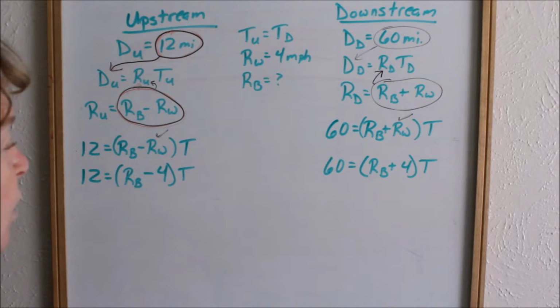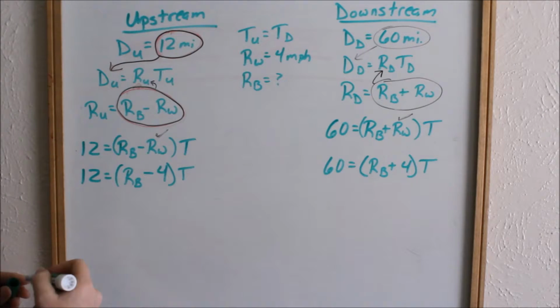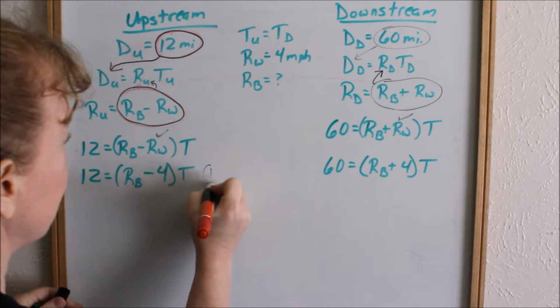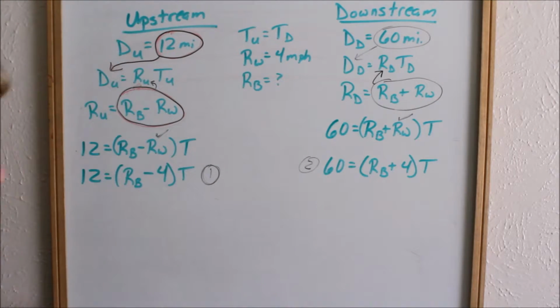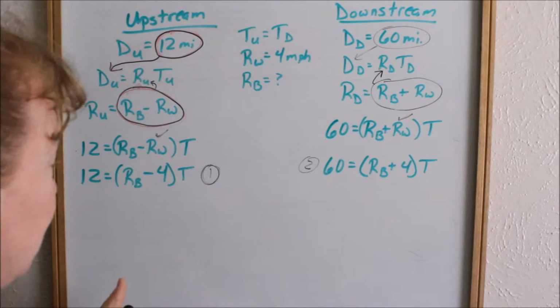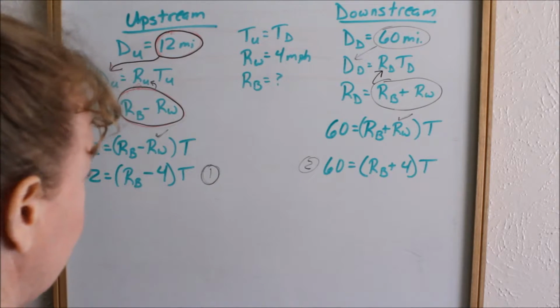Now you only have 2 equations and 2 unknowns. I would call this equation 1 and equation 2. We've gotten down to 2 equations, so we can use elimination to solve for our 2 unknowns.